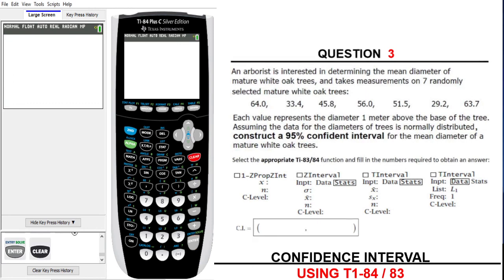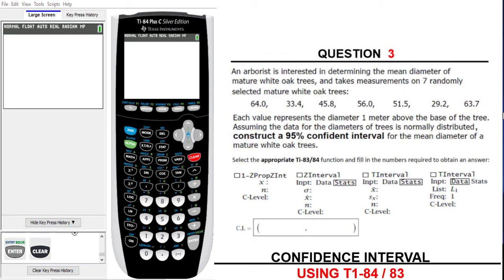In question 3, what we have here is that the question says an arborist is interested in determining the mean diameter of mature white oak trees and takes measurements on 7 randomly selected mature white oak trees.